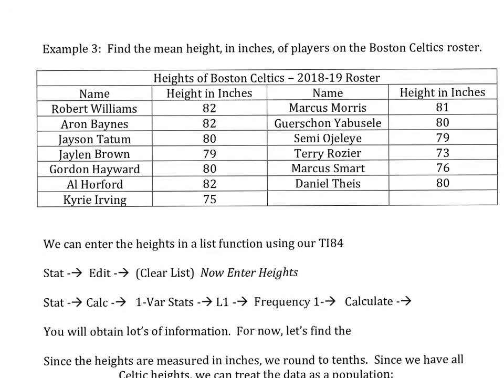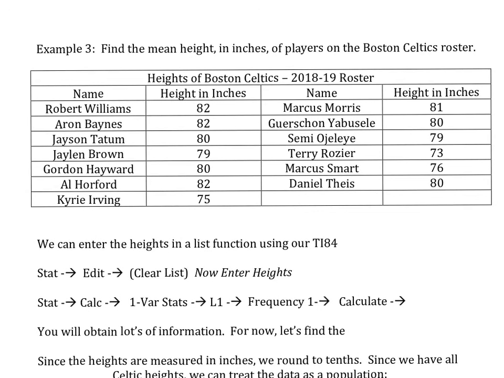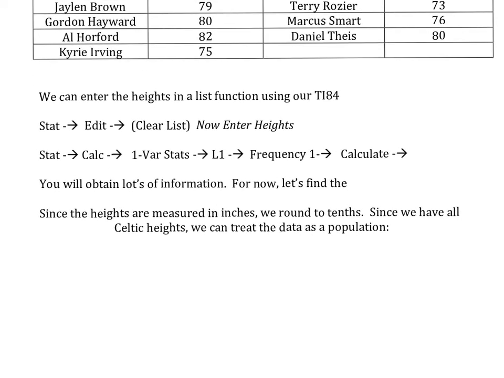If you don't have a graphing calculator, use your simulator here, I would hope, and hopefully the directions were clear. Enter those into list 1. And then it's just a matter of pressing stat edit again, except this time go over to calc, one variable statistics, enter, and you'll get a lot of information.